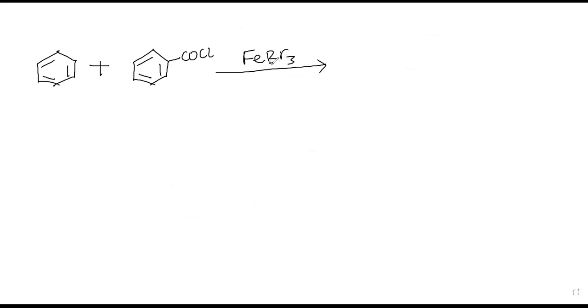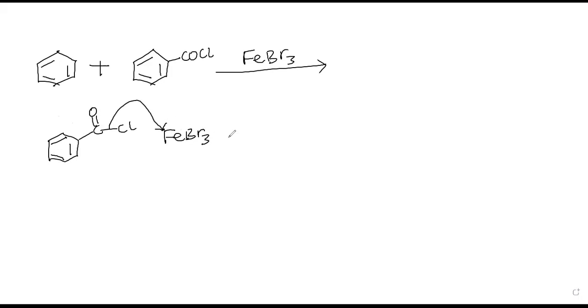Now, still as I've told you, you first form an electrophile. And how do you form an electrophile? For the mechanism, you first have benzoyl chloride. And this benzoyl chloride, you're going to react it with the compound that is the catalyst, iron 3 bromide. So you're going to have this.